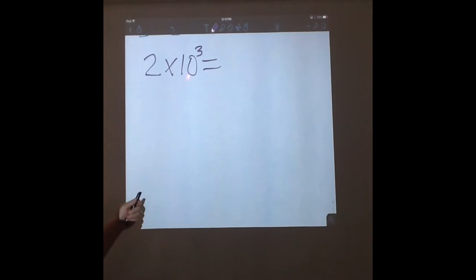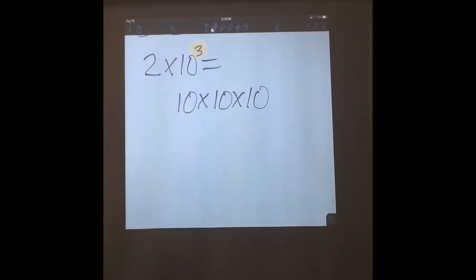Or is it 10 times 3? You remember? What does our little number tell us? It's an exponent, but it tells us how many big numbers there are. So how many big tens are there? There are 3. If you notice, I put 3 of them down.